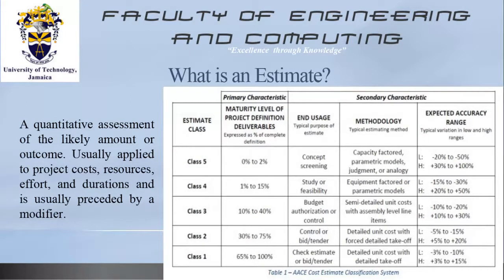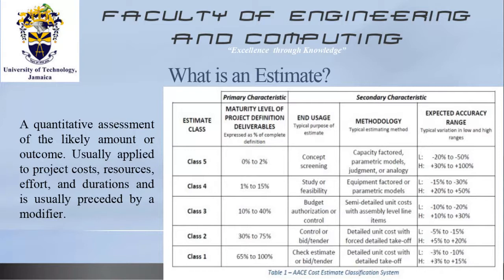So we spoke of an estimate, right? And we sometimes use the term loosely without having a very good understanding as to what an estimate is. We need to recognize that whilst an estimate is a quantitative assessment of the likely amount of outcome, an estimate can appear or is categorized or classified in different classes. So we have class 1 estimate all the way up to class 5 estimate.